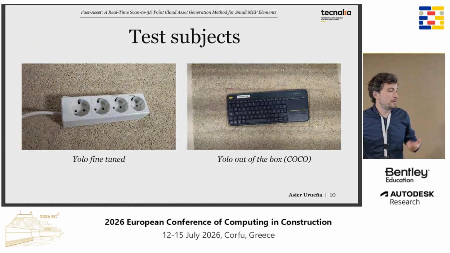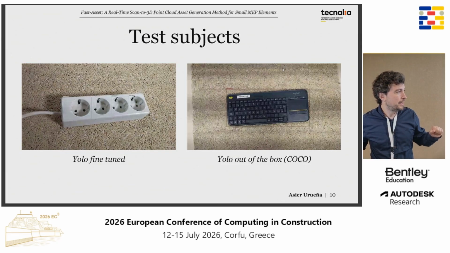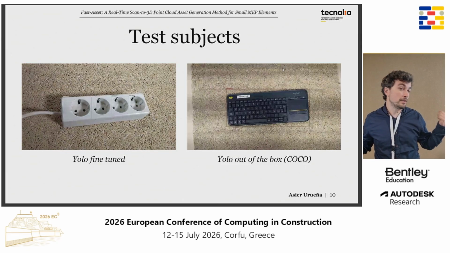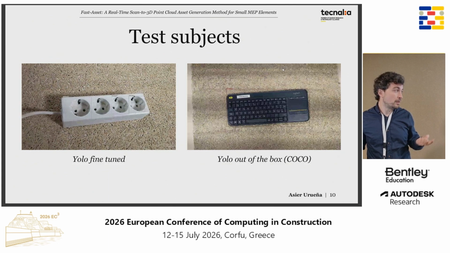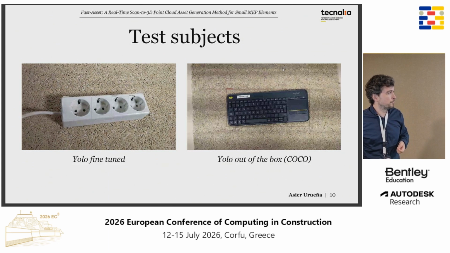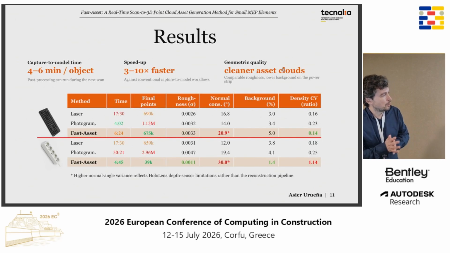Another possibility is to enhance this part. For the experiment and gathering some numerical results, we're comparing a regular power strip and a keyboard. The keyboard is not using the fine-tuned model because it's already in the out-of-the-box YOLO models. There are several indicators: roughness, normal consistency, density, background noise.